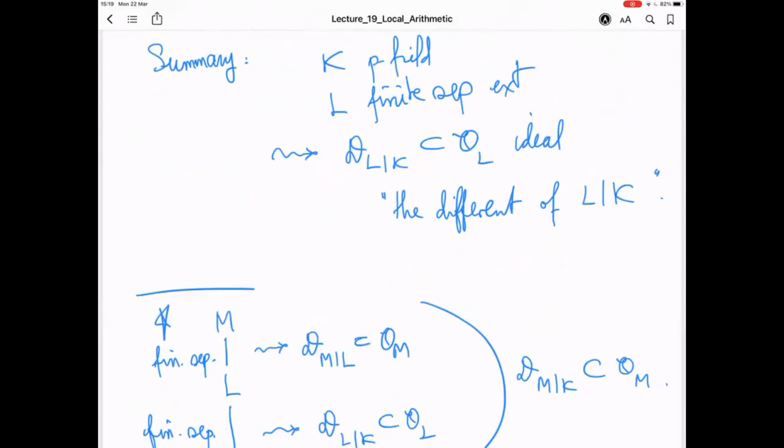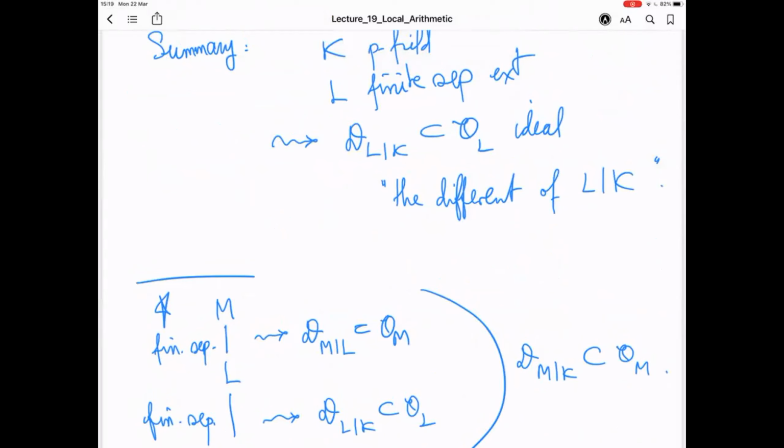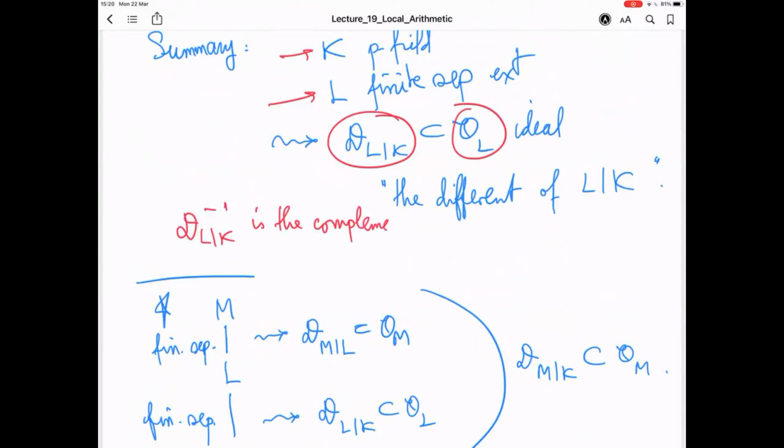So here's the summary. If you have a P-adic field K and a finite separable extension L of K, then you have an ideal inside the ring of integers of L called the different of L over K. The characterization is that the different of L over K, inverse, is the complementary lattice of the OK lattice OL in L. Fine.